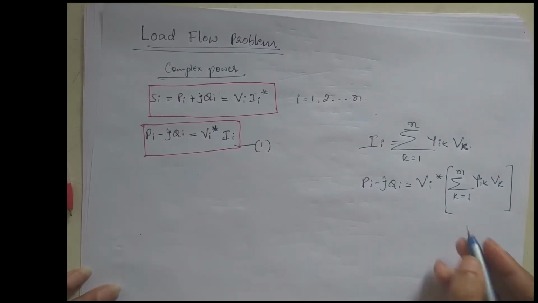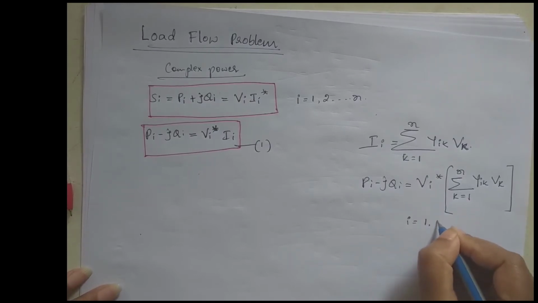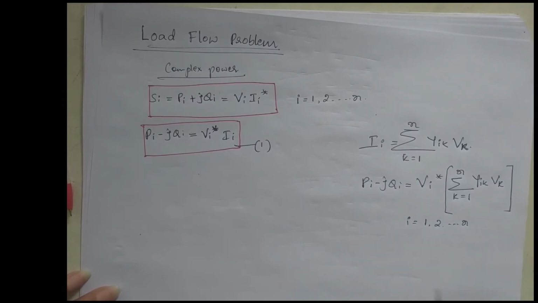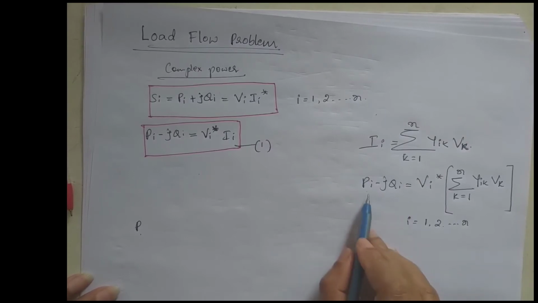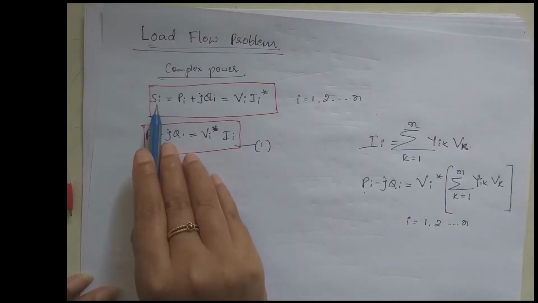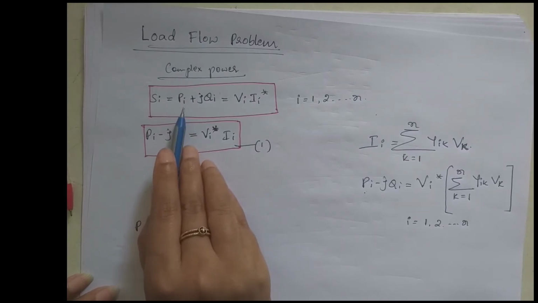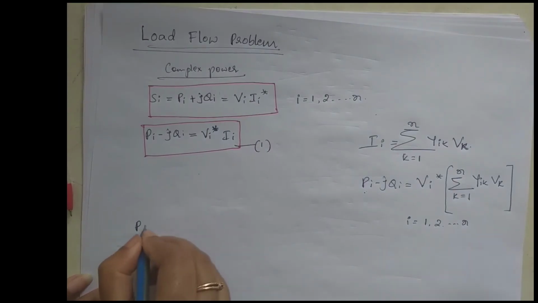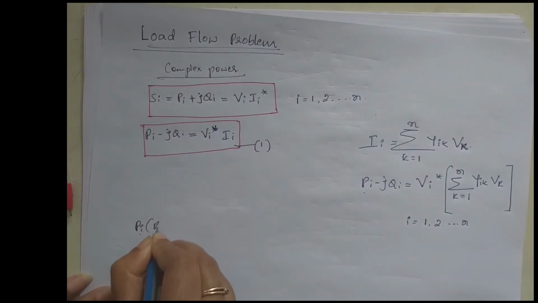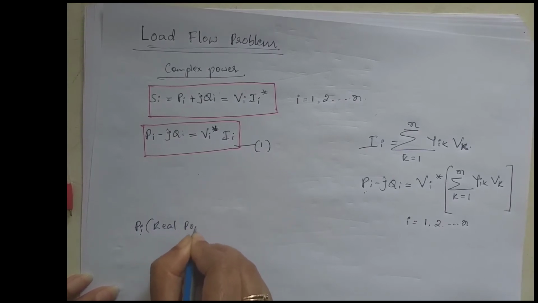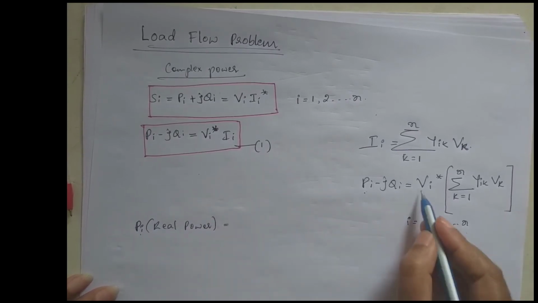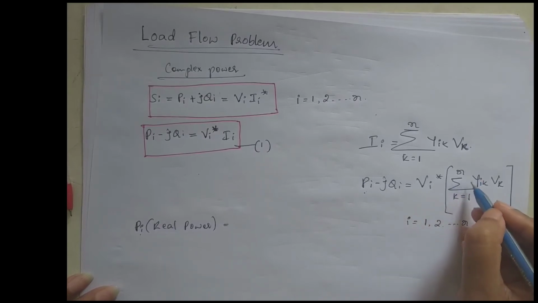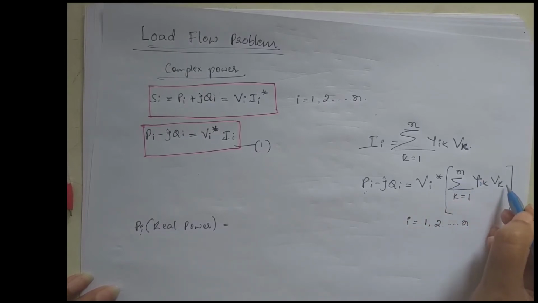We have to take Pi separately and Qi separately. Si is the complex power, Pi is the real power, Qi is the reactive power. So Pi, which is real power, is the real part of Vi conjugate summation Yik into Vk.